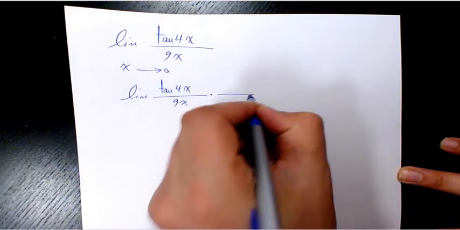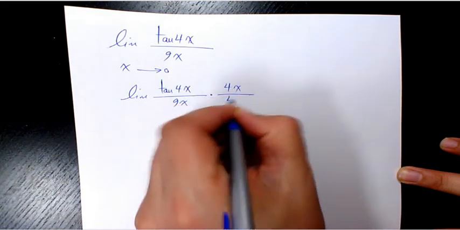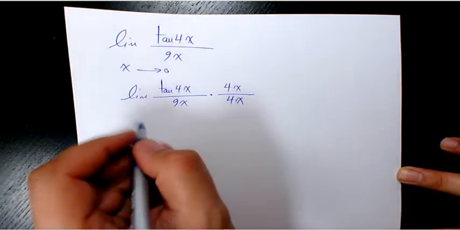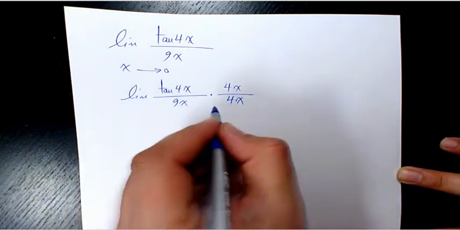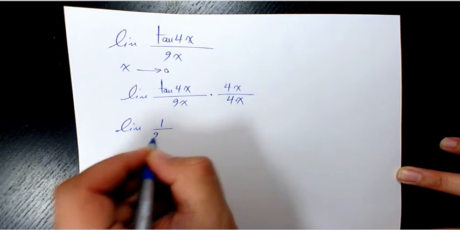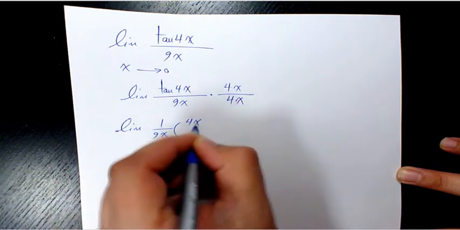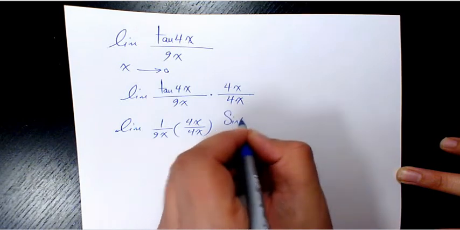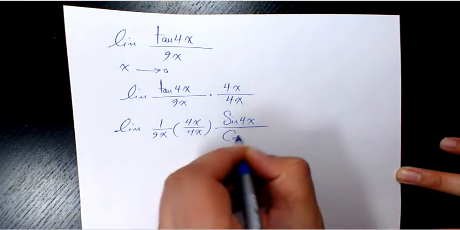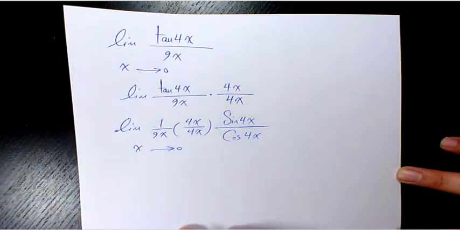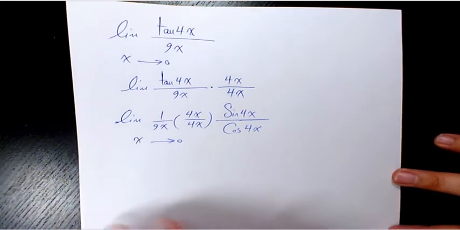We just multiply and divide by 4x. Then I will write it as 1 over 9x, 4x over 4x, and instead of tan 4x, I'm going to write sine 4x over cosine 4x when x is approaching 0.